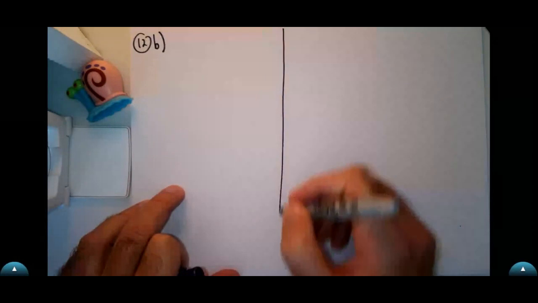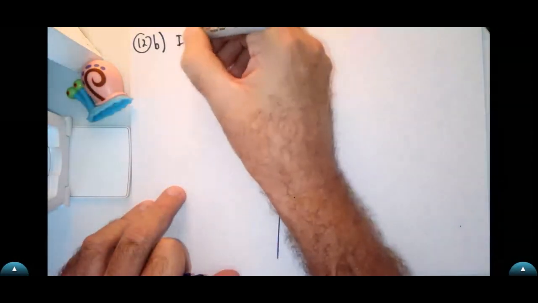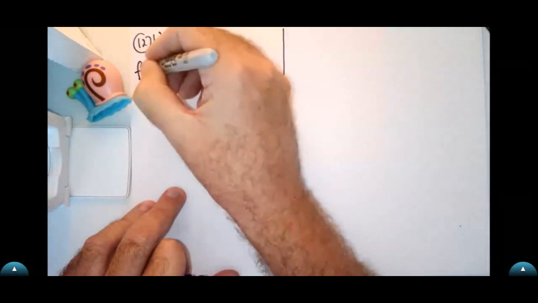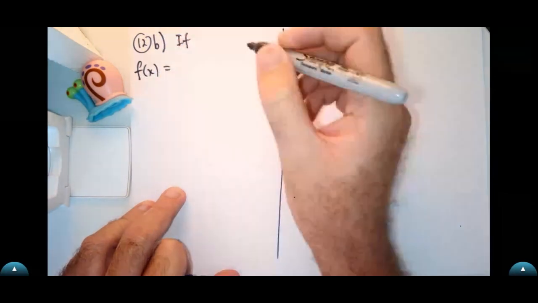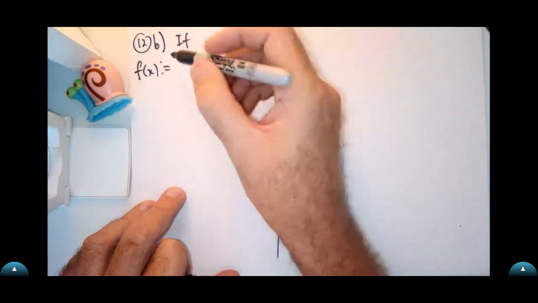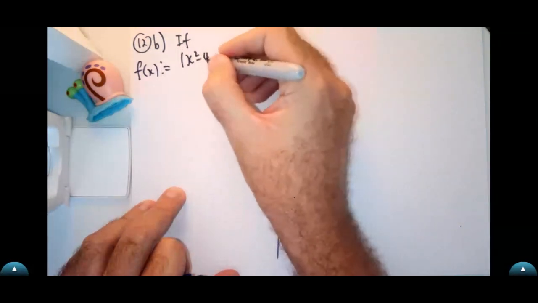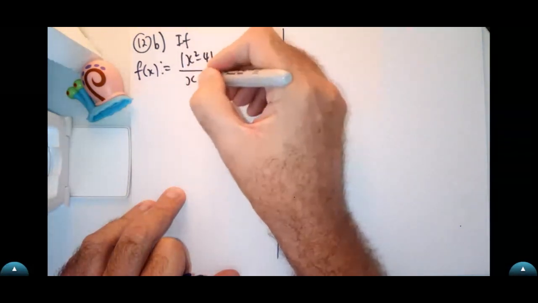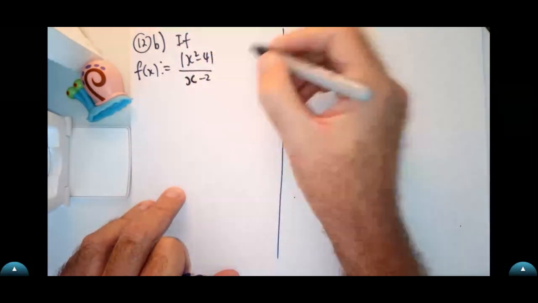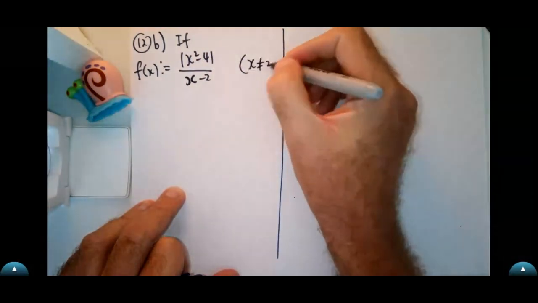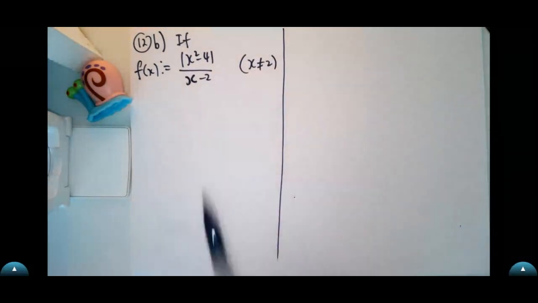Okay, so the question is, if f of x is defined, and I'm just using these dots to define it, is defined like this. Okay, and remember, definitely x can't equal 2.